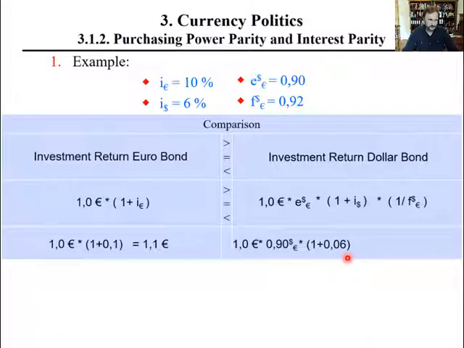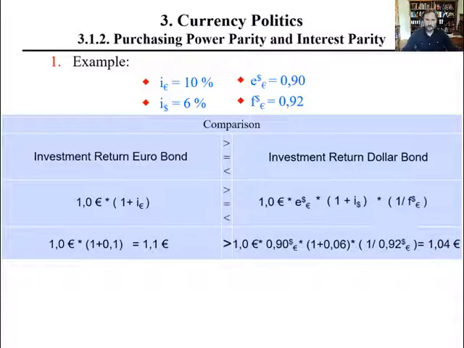The interest rate is again the same, and the forward exchange rate is again also the same. However, given this lower spot exchange rate, the return of our dollar bond investment is lower. It is only 1.04 euro instead of 1.15 euro. So the investment in a euro bond provides a higher return than the investment in a dollar bond.